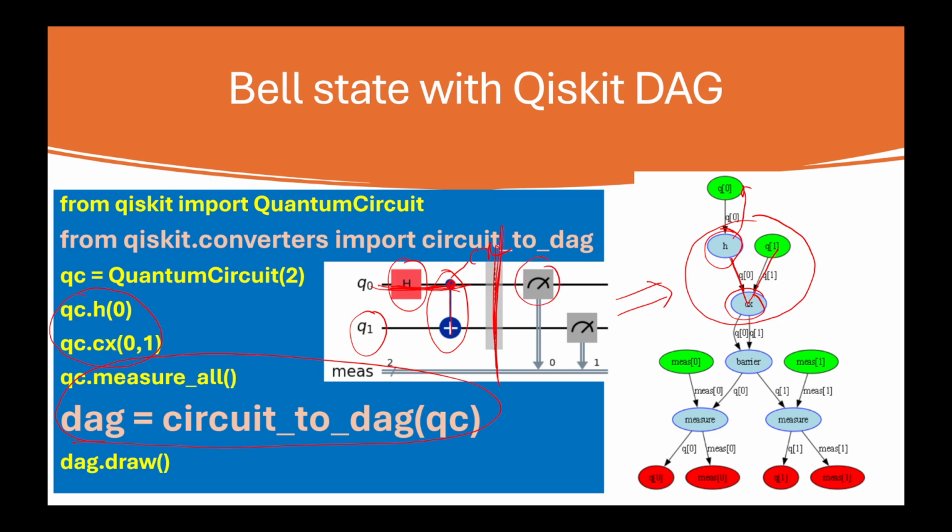After the barrier, we are using measurement lines. So these are the measurements; we have measured qubits Q0 and Q1. I hope this visualization of the DAG graph is clear to you.